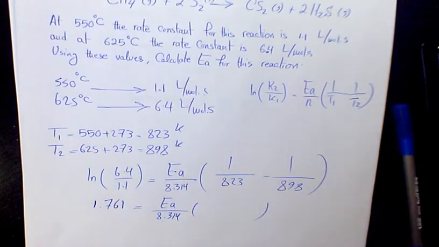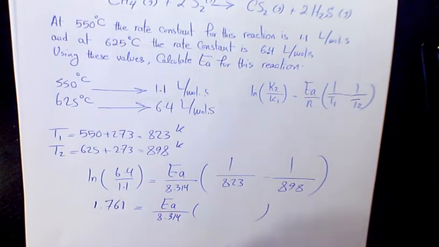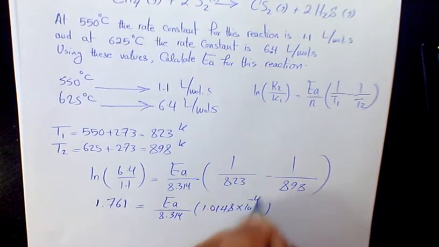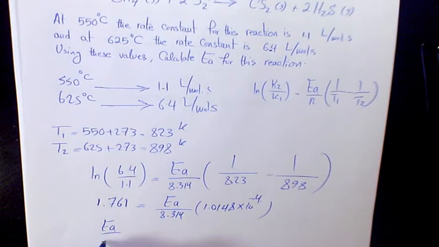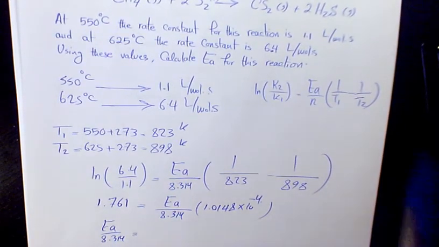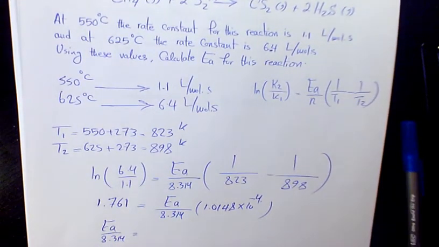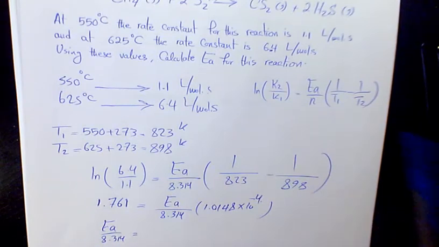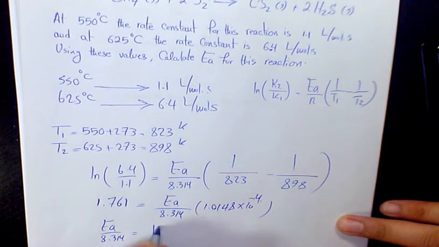Let's find out this part. 1 divided by 823 minus 1 divided by 898. That's going to give me 1.0148 times 10 to the power of negative 4. So EA over 8.314 is going to be 1.761 divided by 1.0148 times 10 to the power of negative 4. That's going to give me 17,353.17.